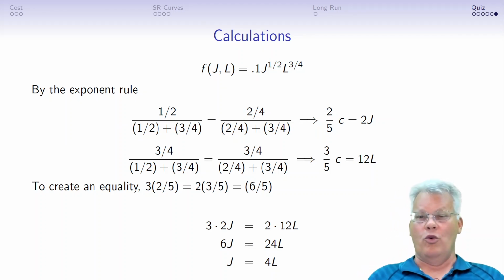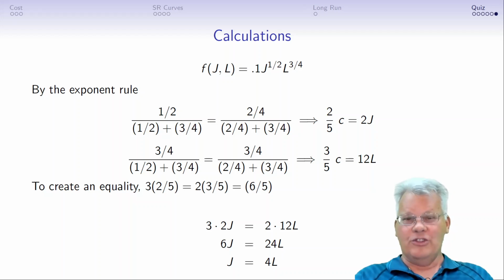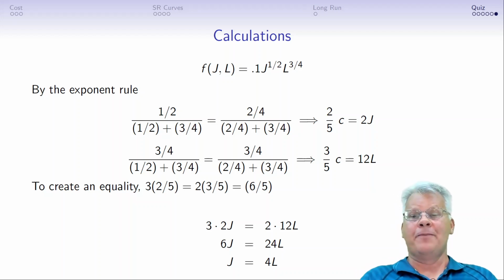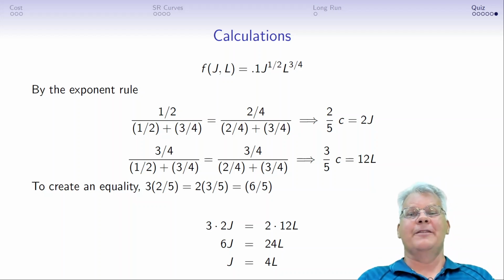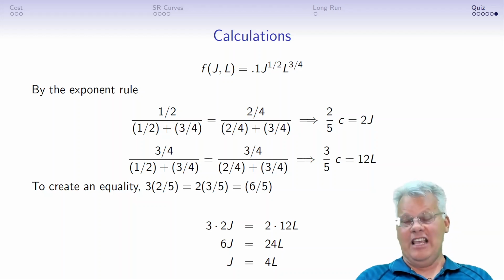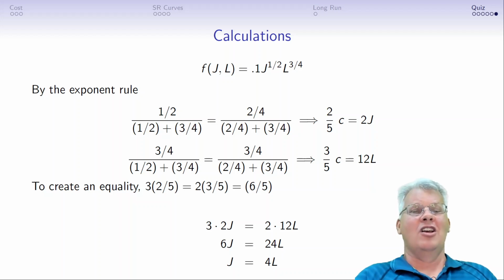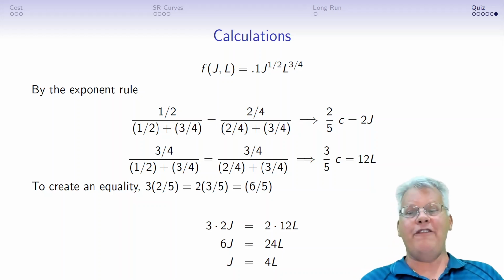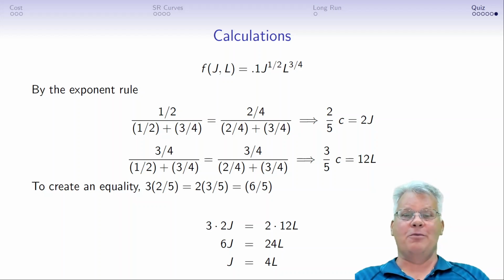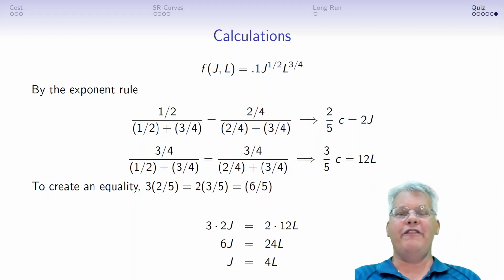From the exponent rule, we know that the proportion of total costs he would spend on jokes when spending efficiently is the joke exponent over the sum of the exponents, which is equal to 2/5. So 2/5 of total cost is expenditure on jokes, and 3/5 of total cost, the labor exponent divided by the sum of the exponents, is total expense on labor. So we have 2/5 and 3/5.